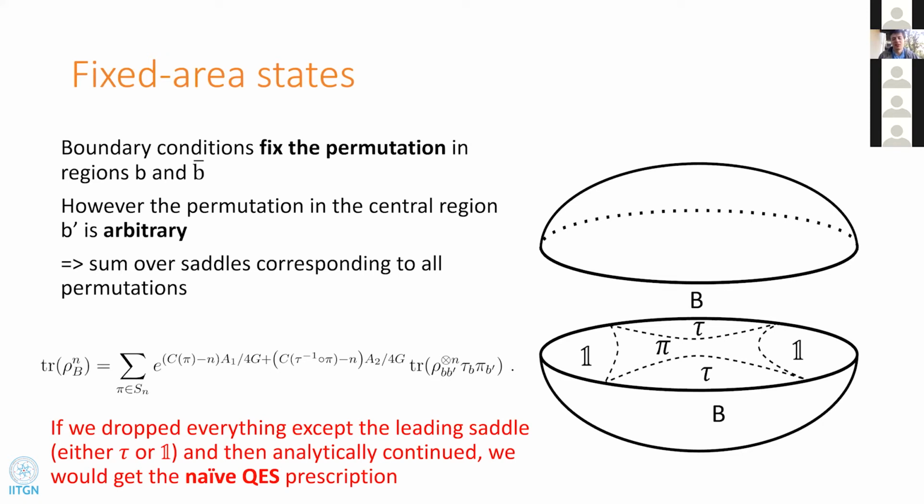In this case, for fixed area states, it goes back to Dong, Harlow, Marolf, and Akers-Rath. However, we've already claimed that that gives totally the wrong answer in this case. So the obvious thing to do is just not drop all those terms, keep this full sum, and then try to analytically continue this full sum.